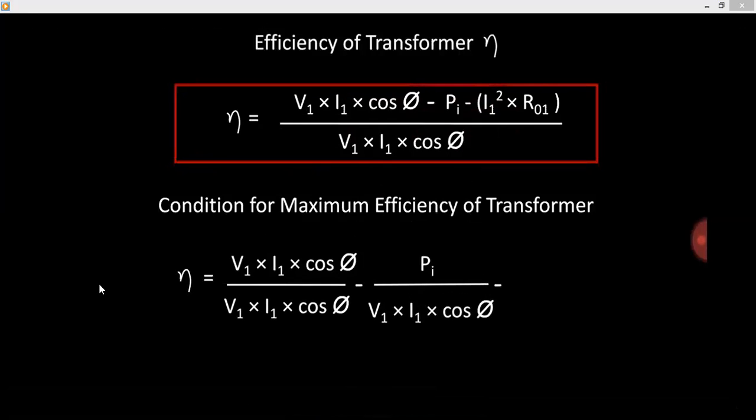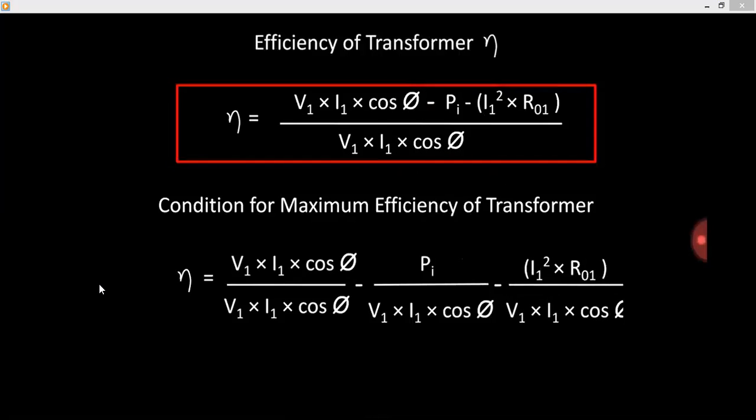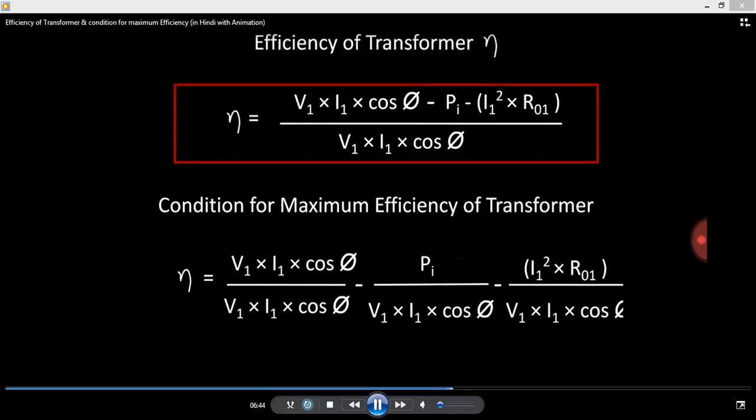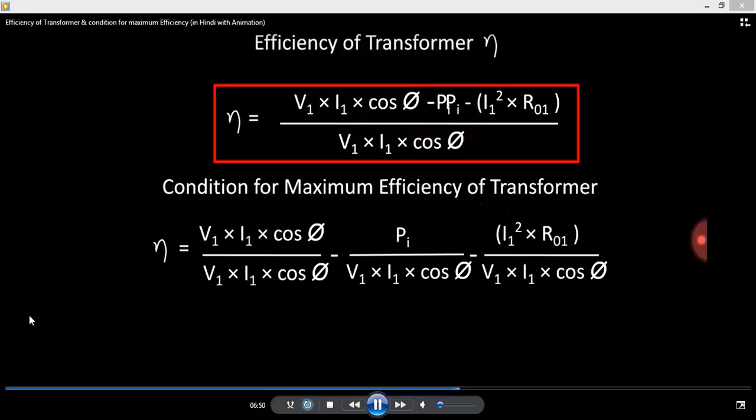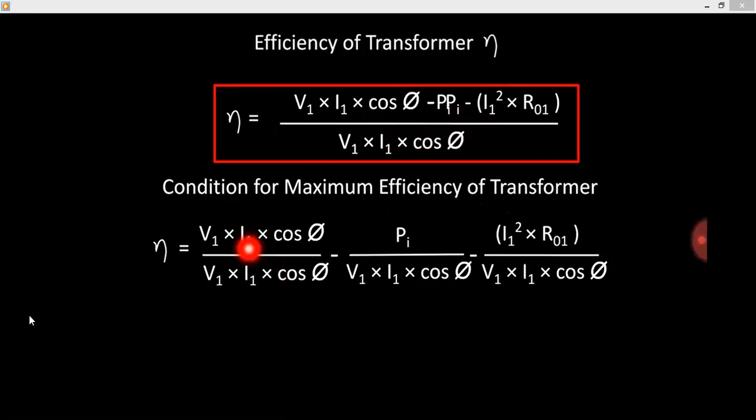So, just separating the terms in order to make the derivation simpler. Now what we can get: efficiency is equal to 1 minus this expression.